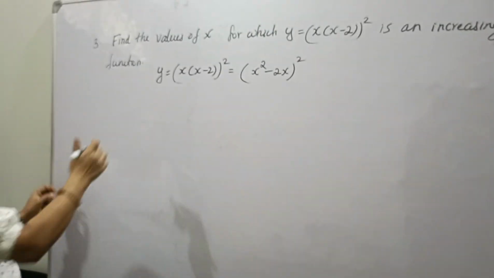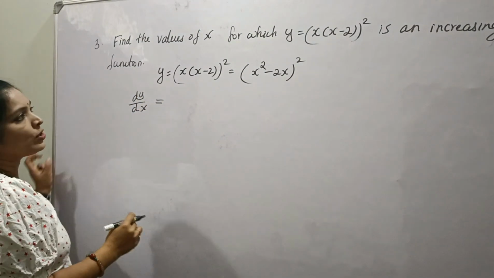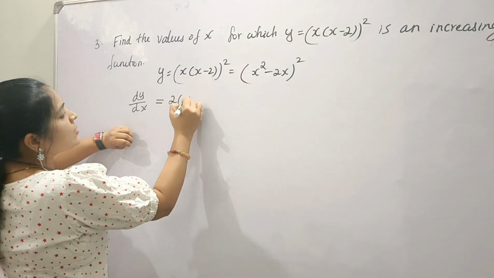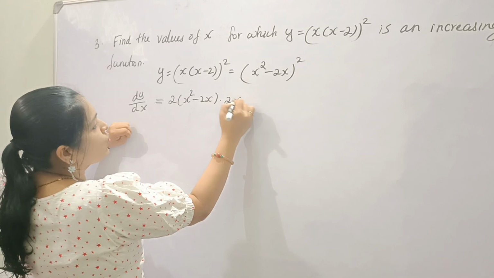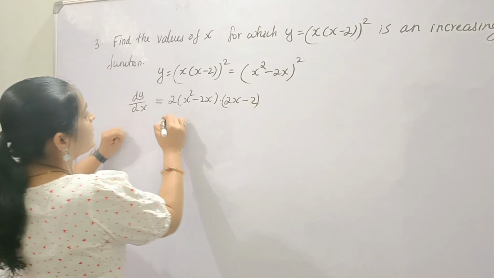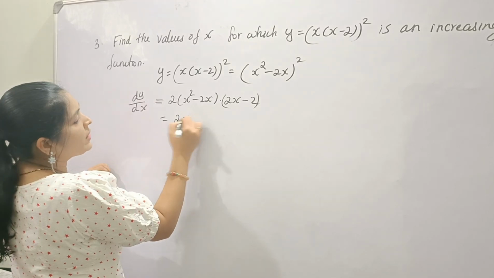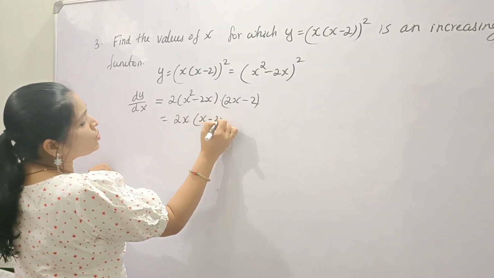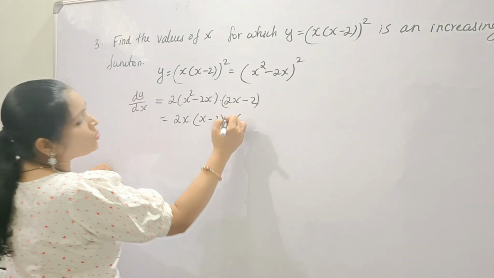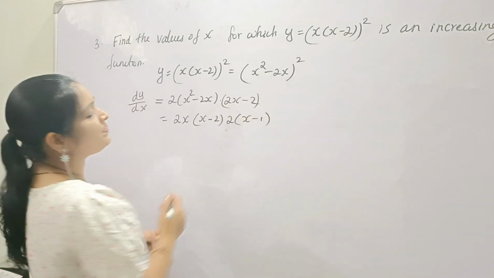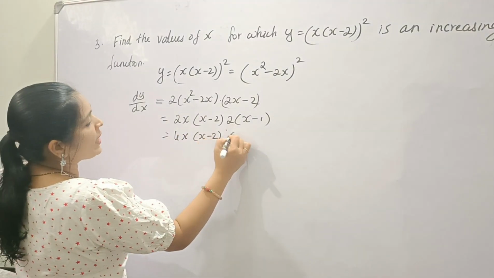Then let's differentiate it. dy/dx = 2(x² - 2x) into derivative of x² - 2x, that is 2x - 2. That is equal to, here x is common, so let's take x outside: 2x(x - 2) into, here 2 is common, 2(x - 1). That is 4x(x - 2)(x - 1).